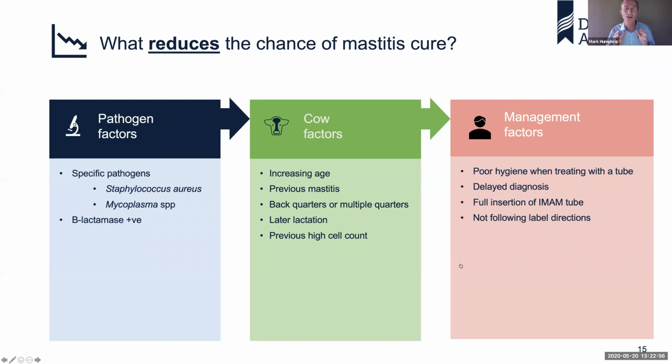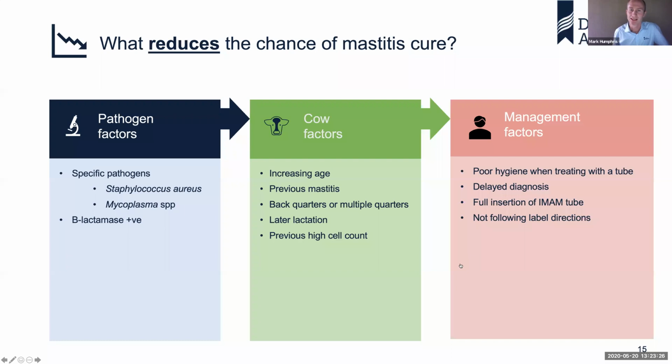And these are really important, we know through evidence that these cows have a reduced chance of cure. So yes, there's degrees of, but I suppose it provides you as farmers and decision makers more opportunity to say, well, what is my chance of cure when I line up to treat that cow?